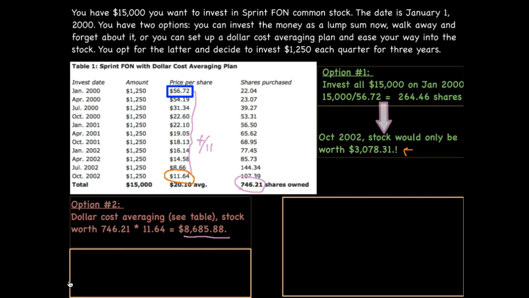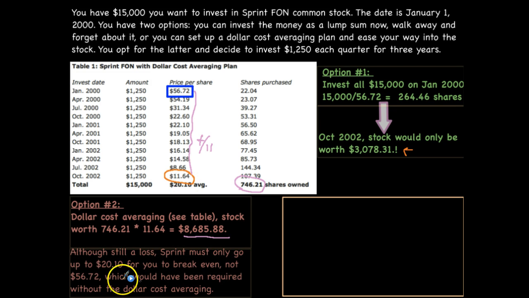One more thing to think about, because our average price per share that we paid was only $20.10, if our price were to go up to that, we would break even. In order for us to break even using our lump sum investment, the price would have to go way back up to $56.72 in order to break even.